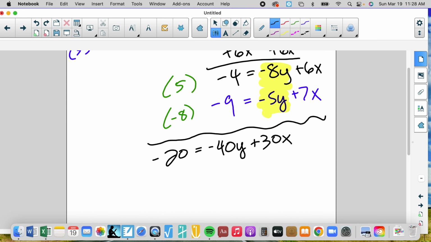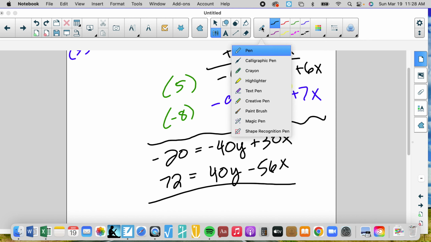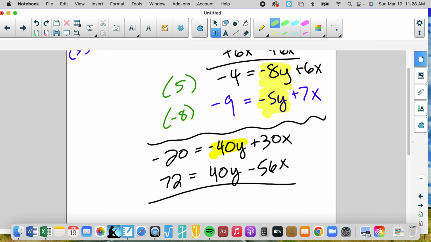Let's multiply that bottom equation by -8. That gives me +72, that gives me +40y, and that gives me -56x. Okay, that worked, because we notice my y's cancel out.